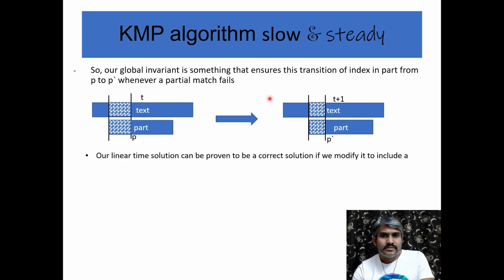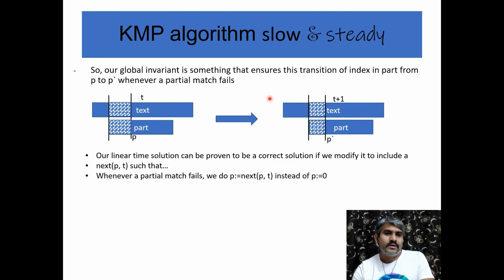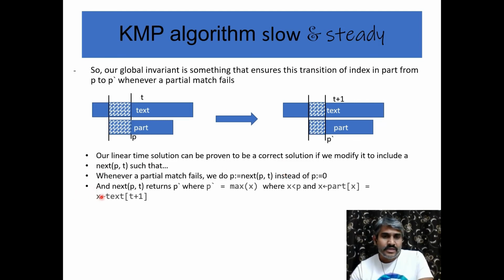So these pictures just reiterate what we have discussed a few minutes ago, but we also make it explicit that whenever we get into the else if block where we have a failed partial match, instead of setting p to 0, we assign p the value of this function next p of t, which magically fetches the new and correct value of p prime, and then we assume that next of t satisfies this particular condition.